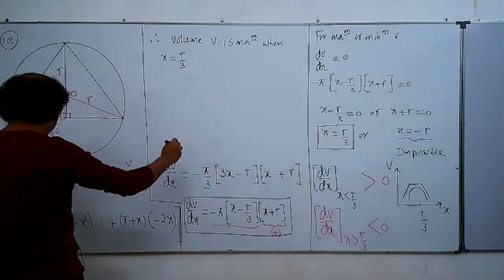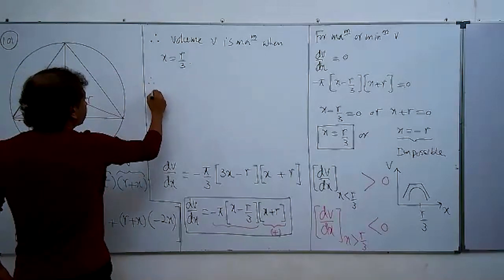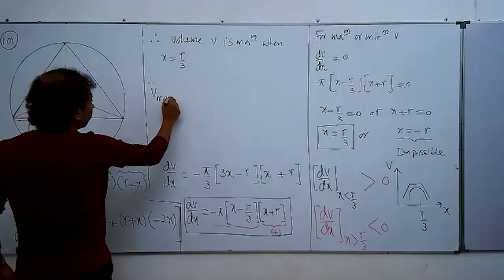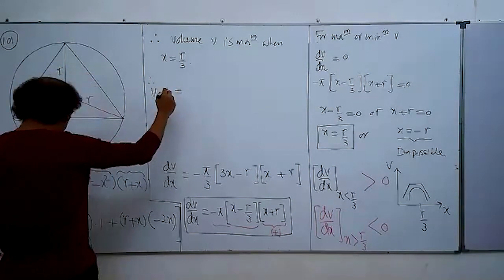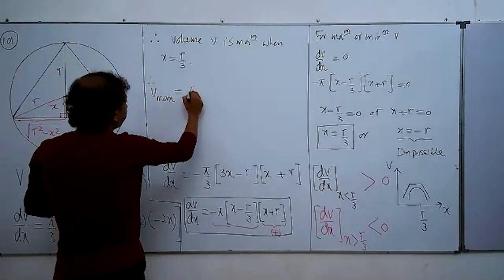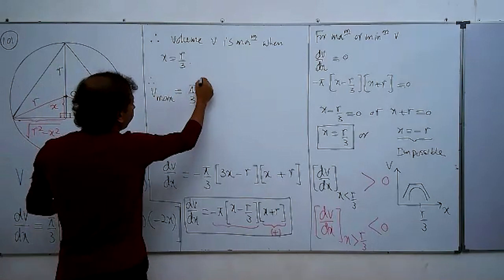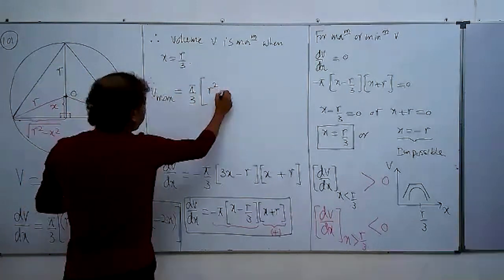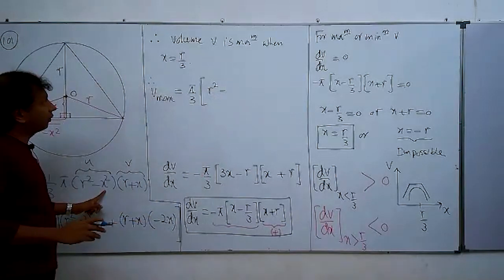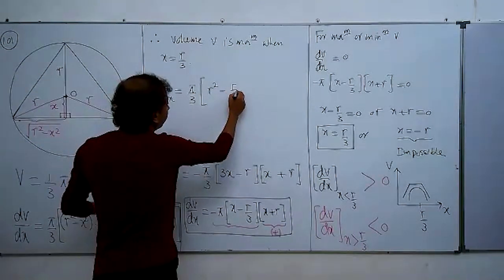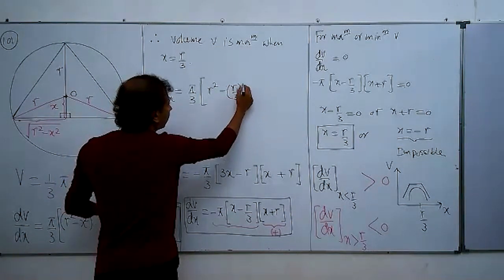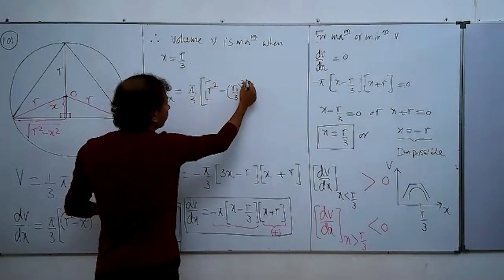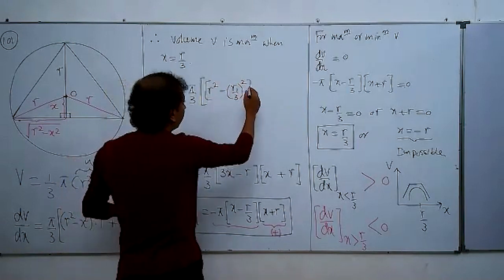Then you can write, therefore, V max equals pi by 3, r squared minus x squared, with x as r by 3, and r plus x, perfect squared.